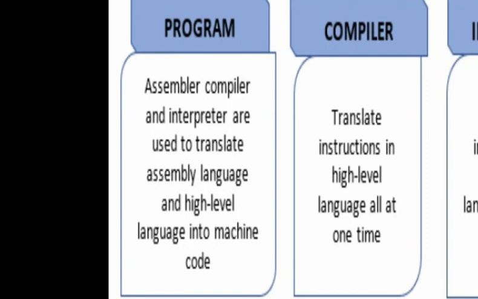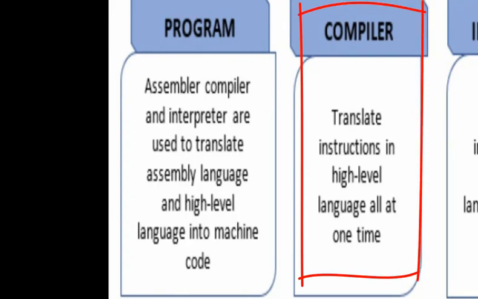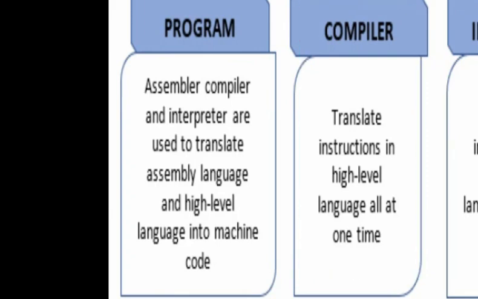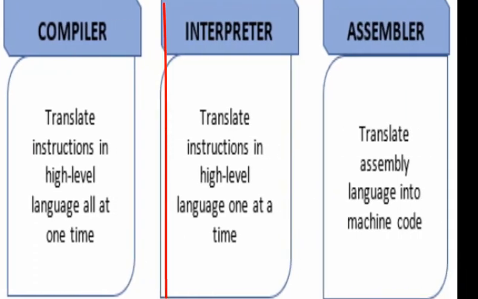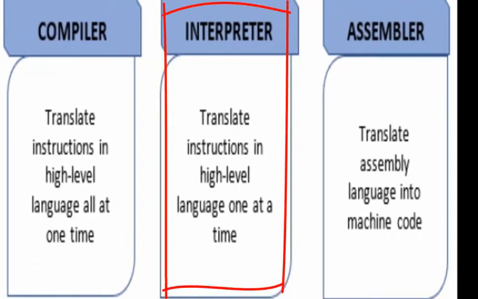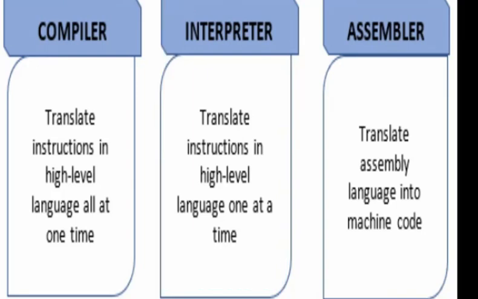A compiler translates the instructions in a high-level language all at one time, while an interpreter translates them one at a time. So there's a difference between the two.